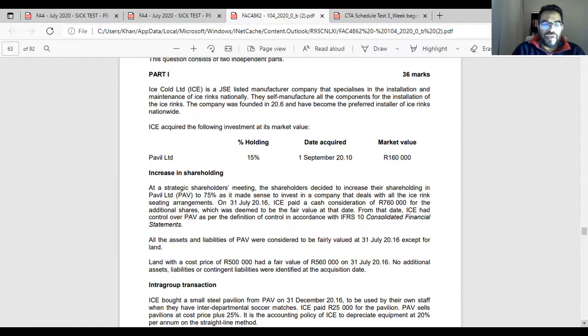On 31 July 2016, Ice paid a cash consideration of 760 for the additional shares, which was deemed to be the fair value at that date. From that date, Ice had control over Pav as per the definition of control in accordance with IFRS 10 Consolidated Financial Statements.